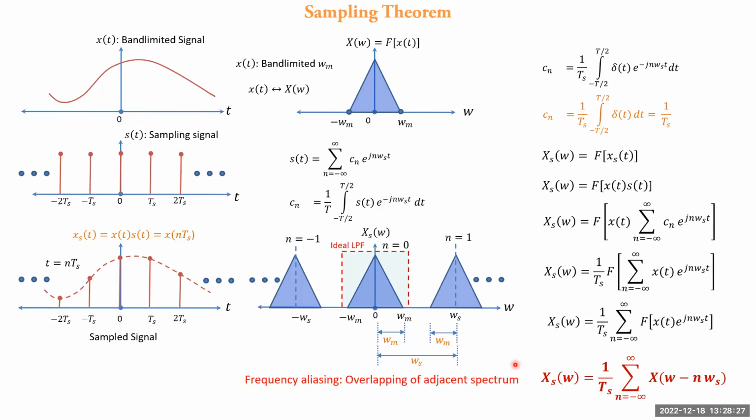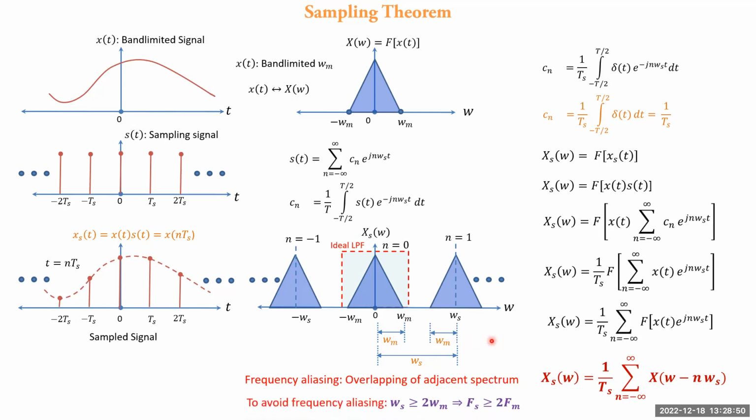Now here, if you avoid overlapping of adjacent spectrum, then the condition required is that there has to be a gap between two adjacent spectrum, and that is possible only when omega s is greater than twice omega m.